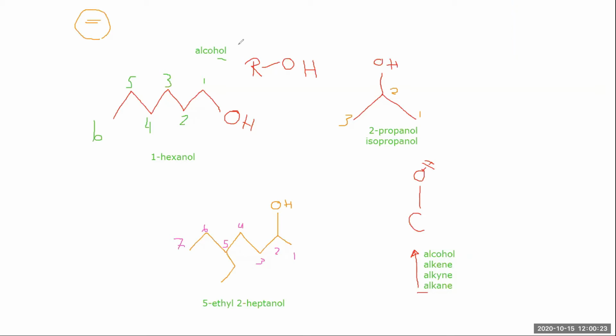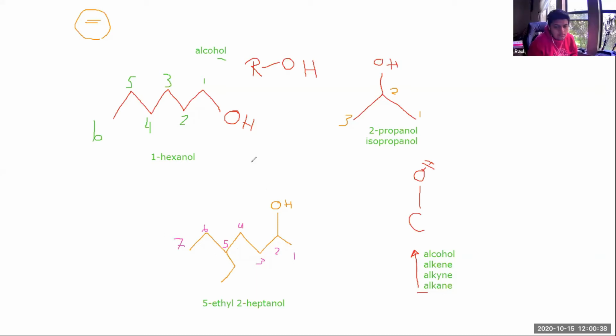I got a question on how to order them. How do you know which one goes first when you name them? So the side chains always go before the main chain, right? This is your main chain, including the alcohol, because the alcohol functional group has priority. The side chains then go in front, and they go in alphabetical order.